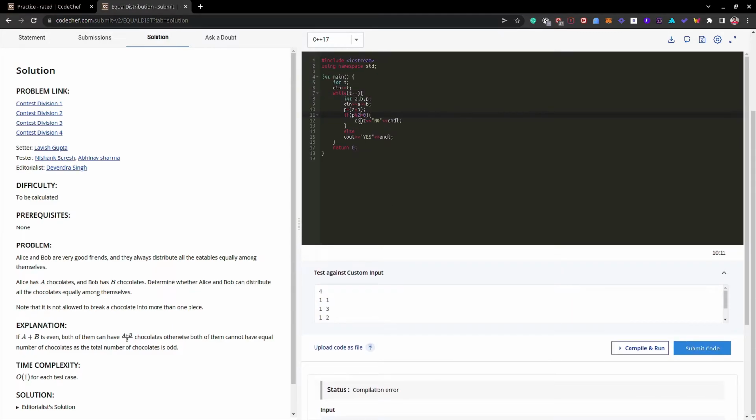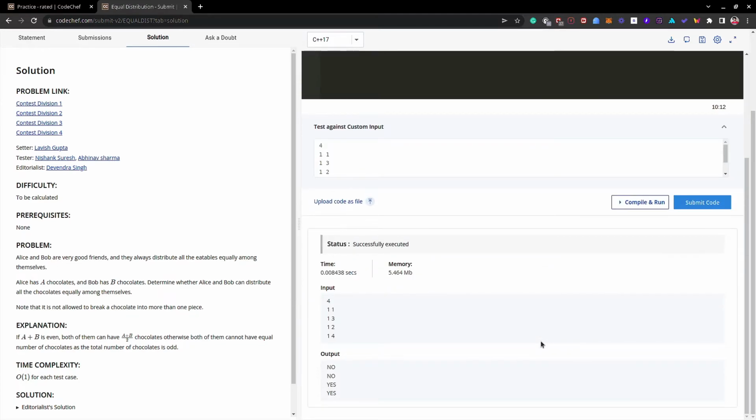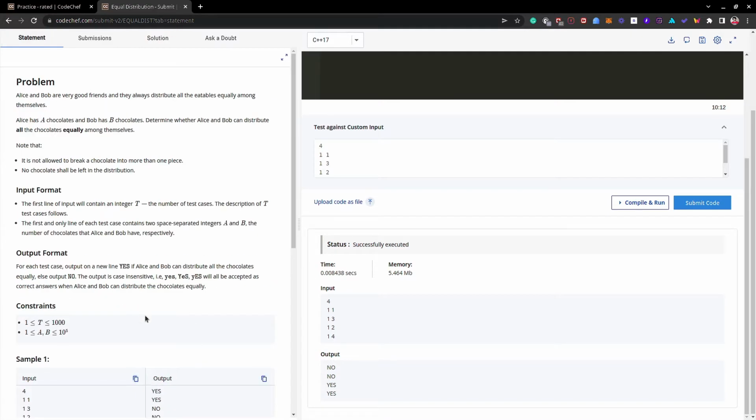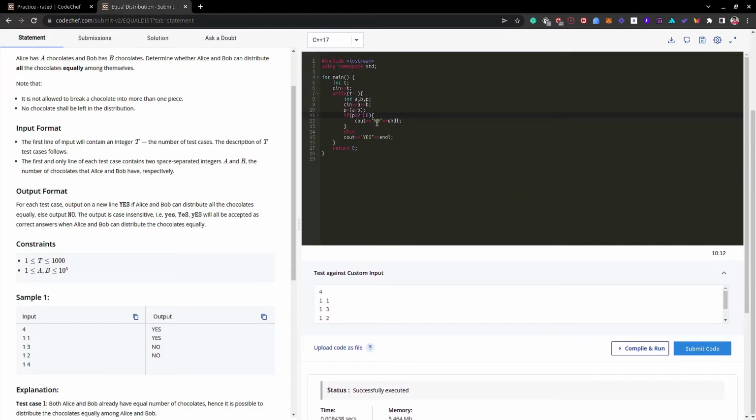We are checking, not assigning the value, so we have to use two equals signs here. Okay, it's kind of a bit wrong, I think. It is showing the output totally the other way because I just made it like that.